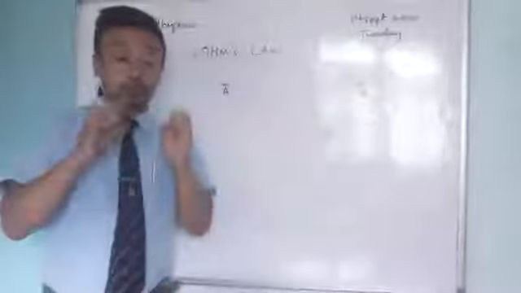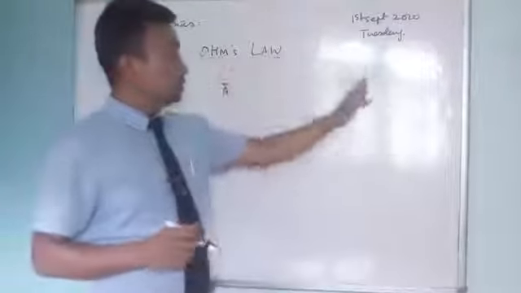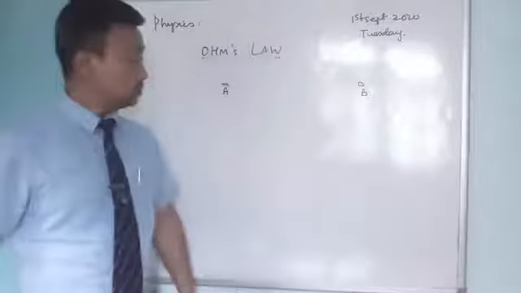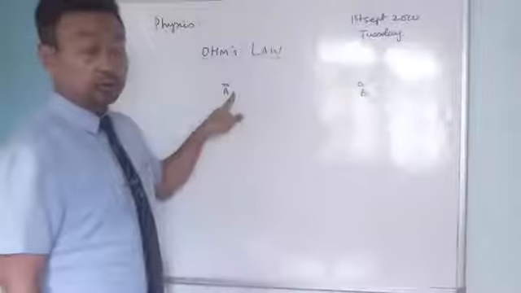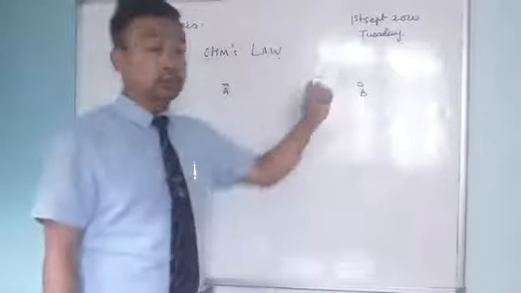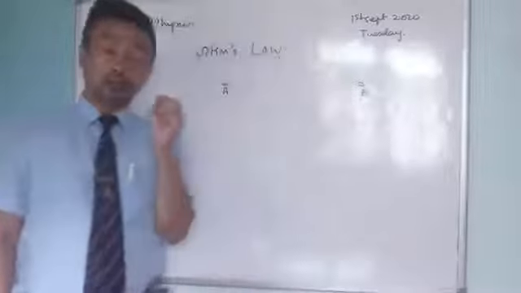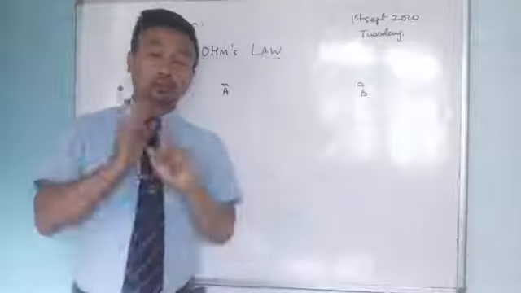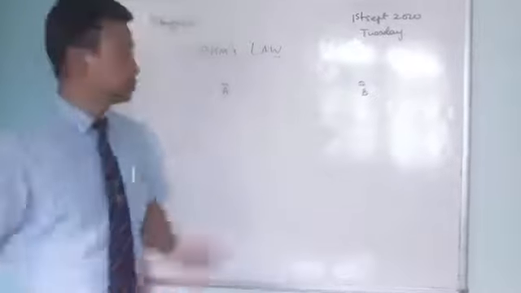A potential difference should be maintained. If both of them have the same potential, then the current will not flow. So in order for current to flow in a conductor or between two conductors, a potential difference has to be maintained between the ends of the conductor or between the two conductors.